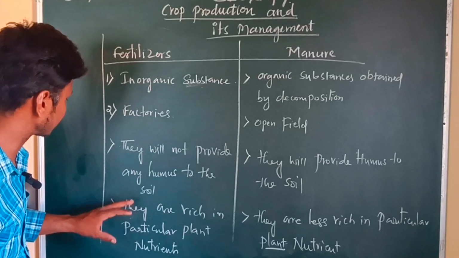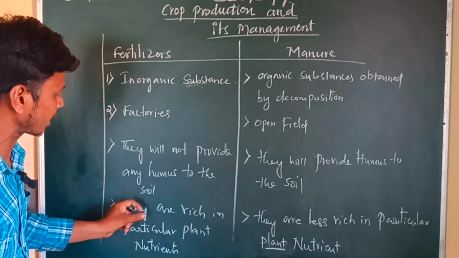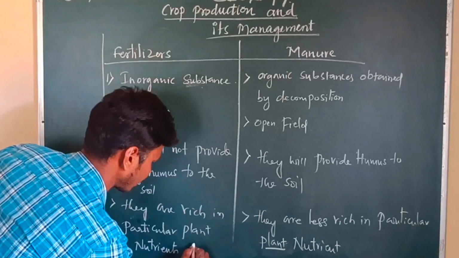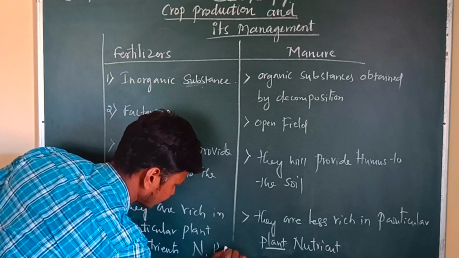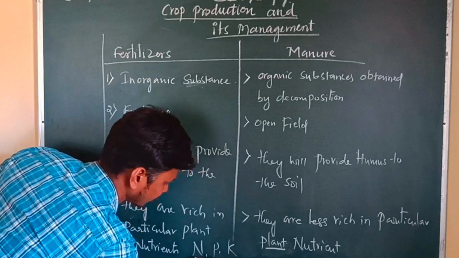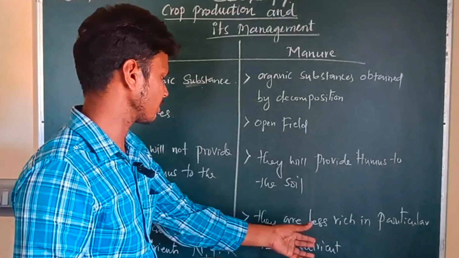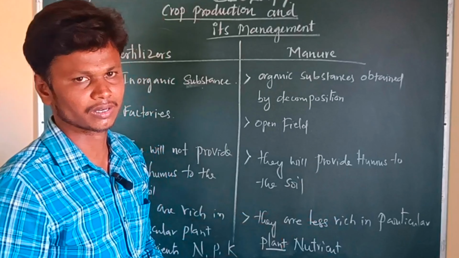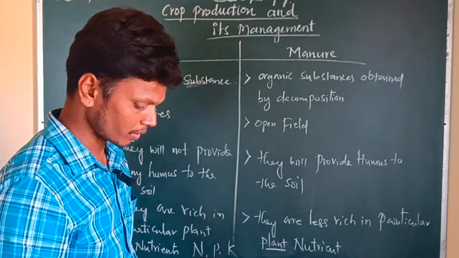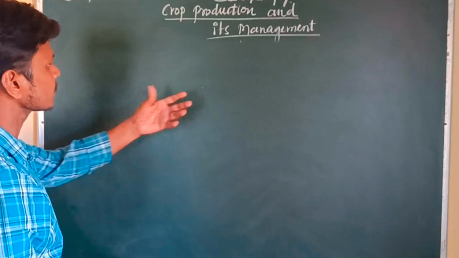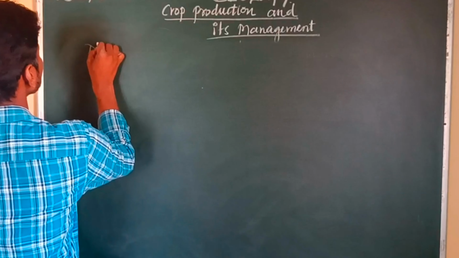Fertilizers are rich in, for example, nitrogen, phosphorus and potassium, so they have particular plant nutrients, and manures are less rich in particular plant nutrients.